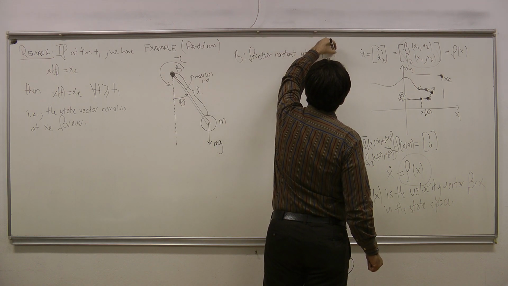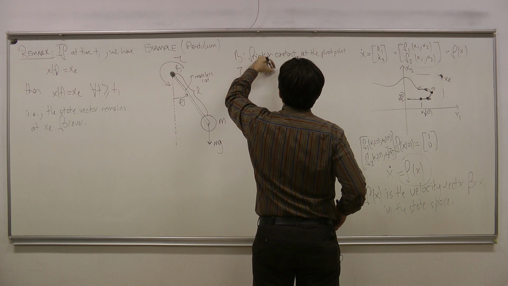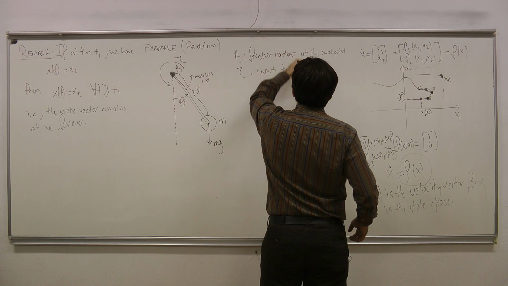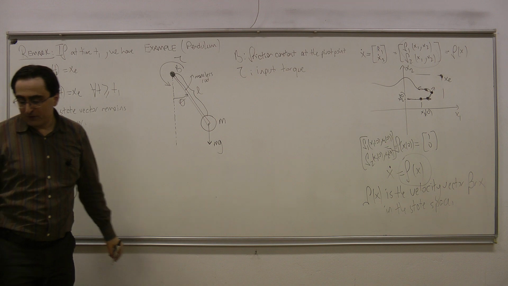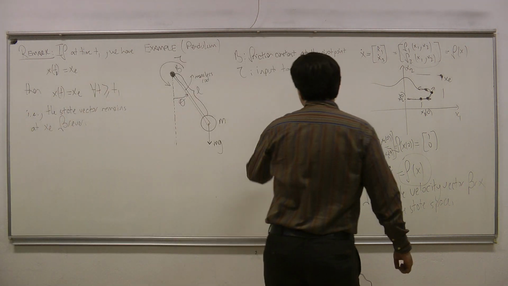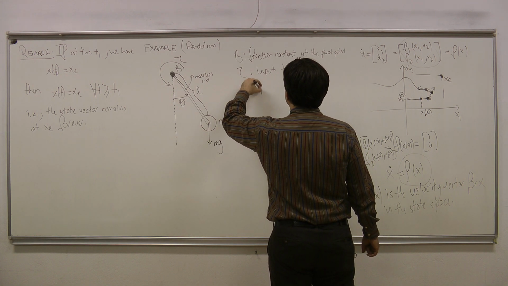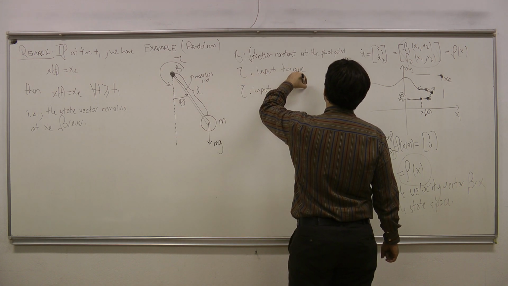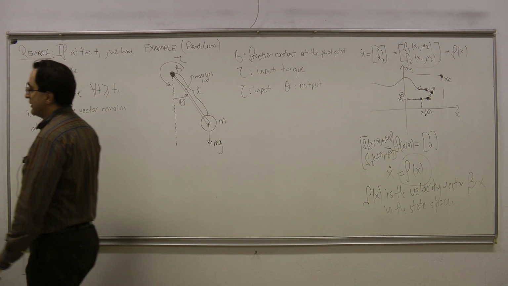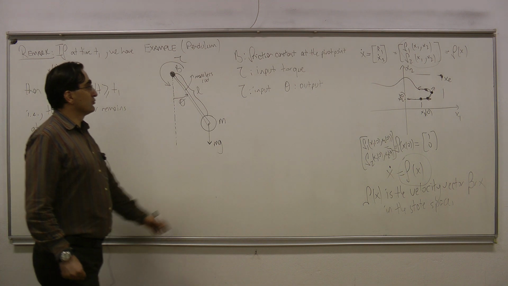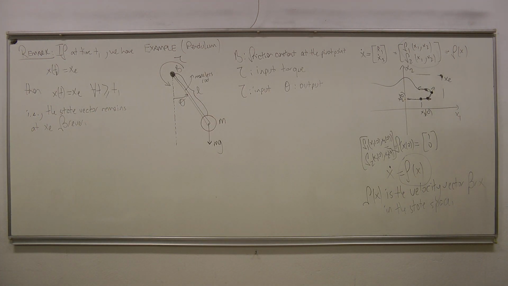And here, tau is the input torque. Okay? So I will define my system here as this. The input torque, tau, is the input of the system, and theta is the output of the system. The angle of the pendulum is the output, and the torque applied by the electric motor is the input of the system.